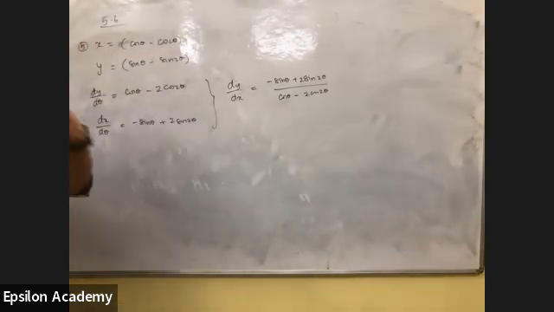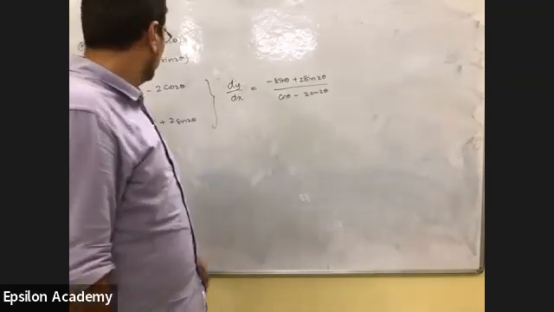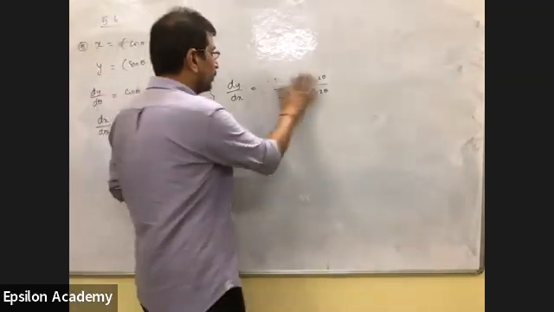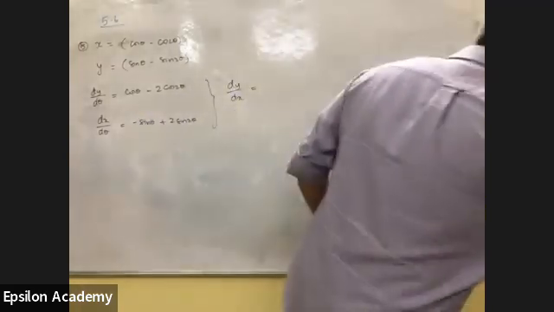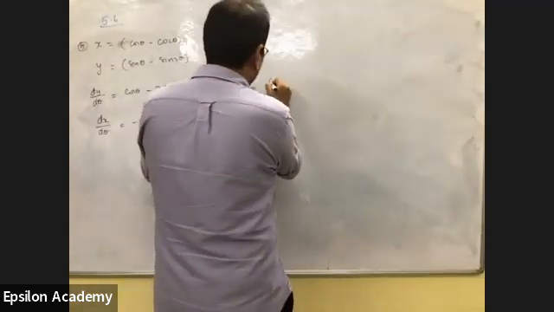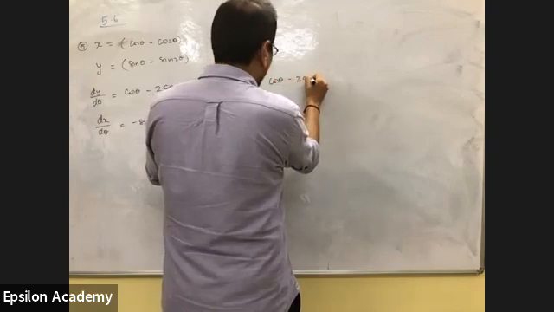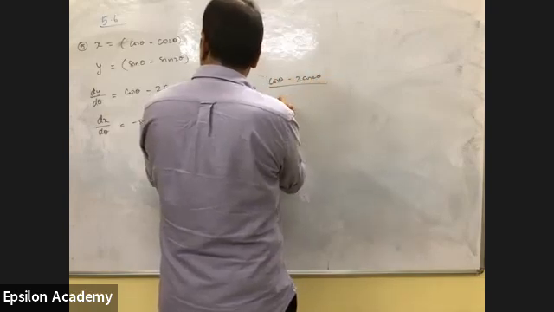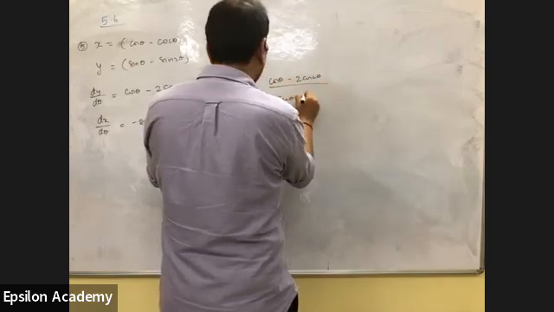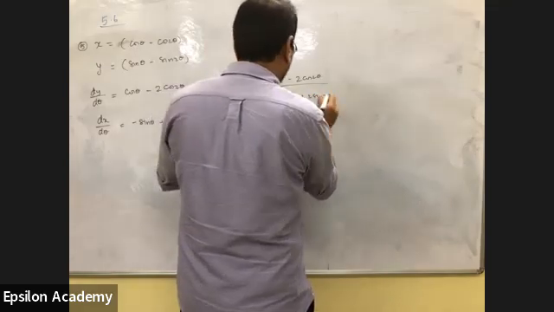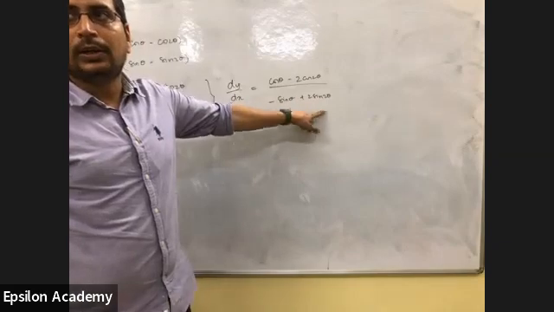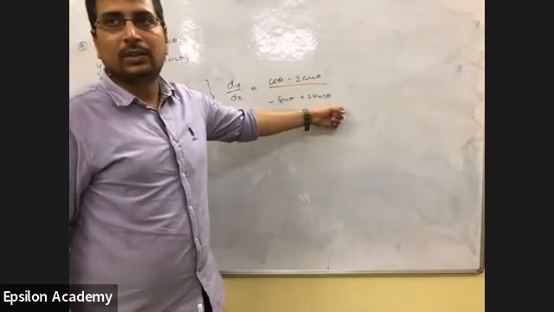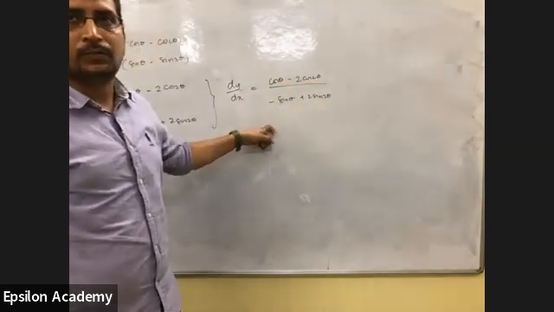I'll tell you why I will simplify. Cos theta minus 2 cos 2 theta divided by minus sin theta plus 2 sin 2 theta. Why I couldn't do it is because when I observed sin 2 theta, I got 2 sin theta cos theta in mind, so I thought I can take out sin theta.